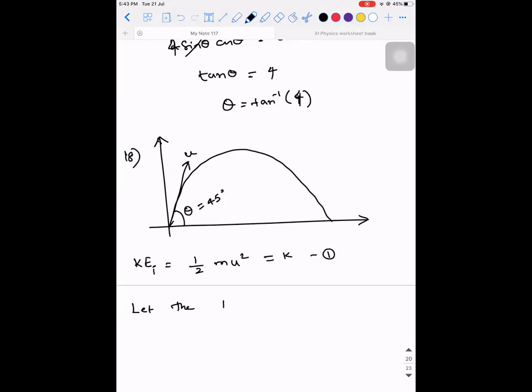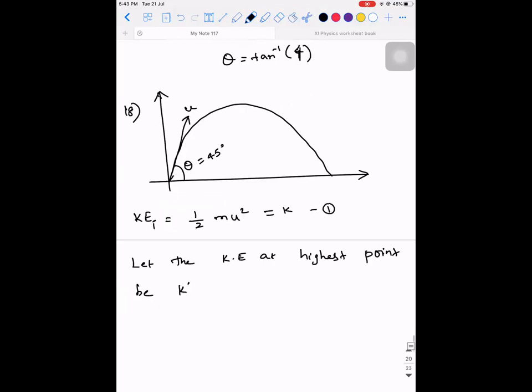Let the kinetic energy at the highest point be K dash. Then what will be the value of K dash? K dash will be equal to half into m into velocity square. At the highest point, what is the only velocity the particle has?